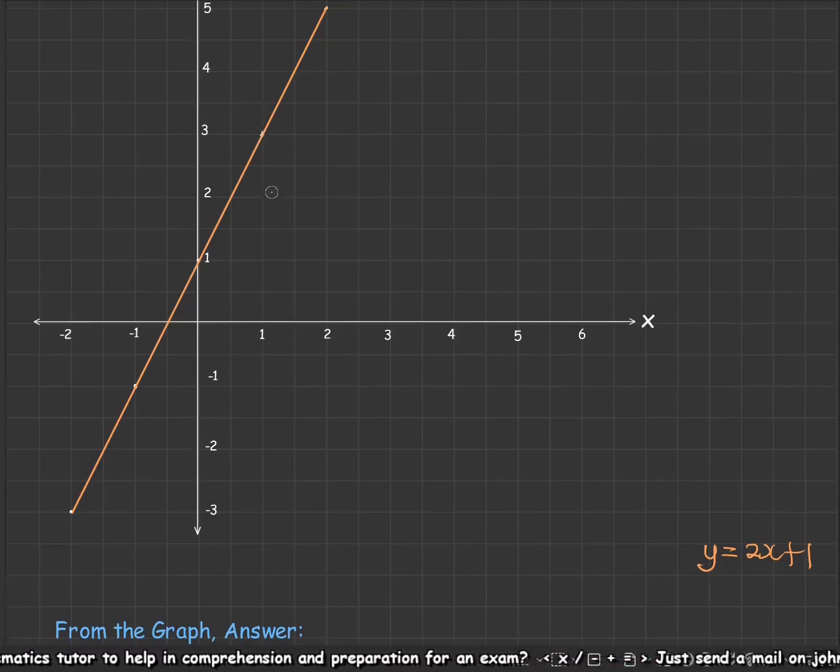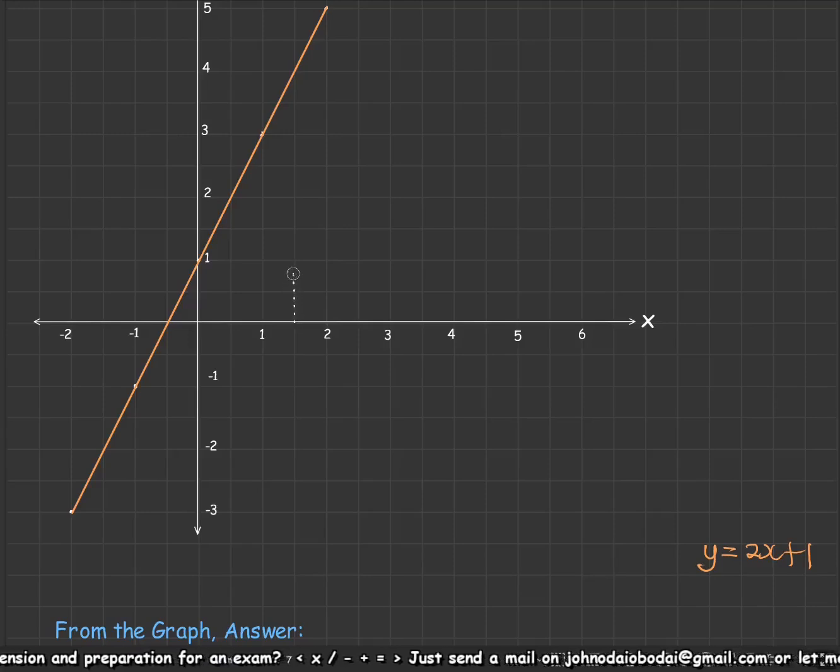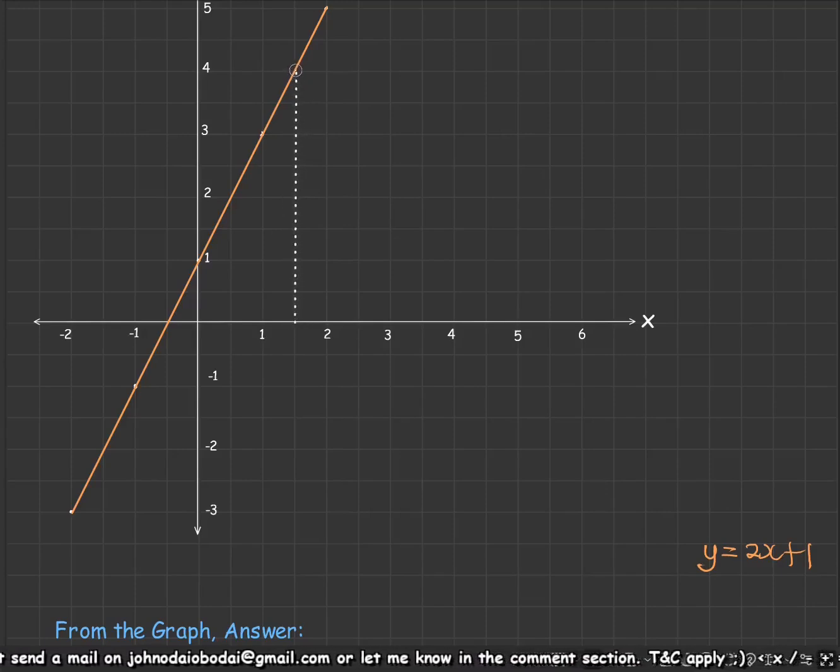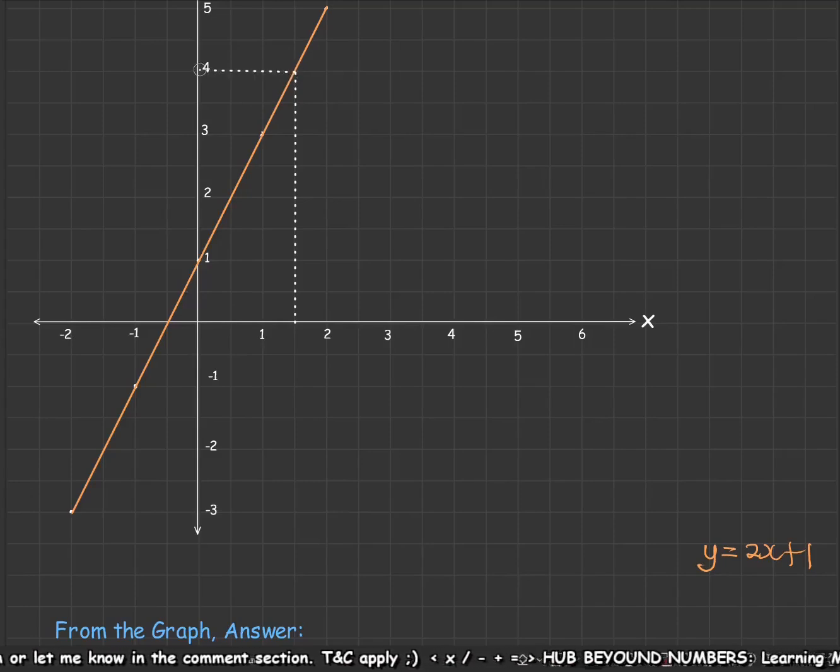You put your ruler on the point 1.5. This here is my 1.5. I'll trace it from 1.5 to touch my line over here. Then where it touches the line, I'll trace it to hit my y-axis.